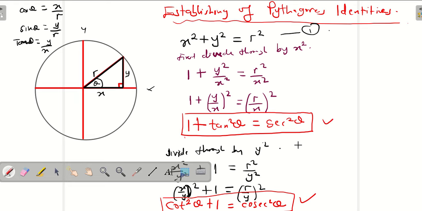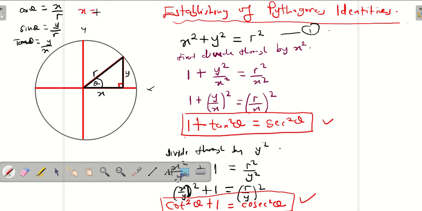together with this. But even from the very first one, we are able to also generate another identity. Now remember that cos theta is equal to x over r. So from here we can make x the subject.